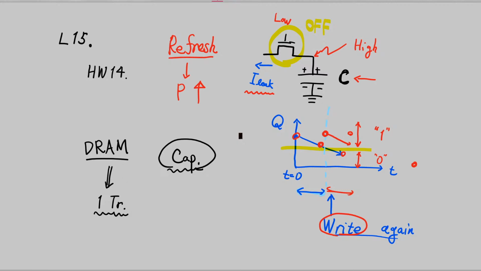So the point is, when you consider this DRAM operation, you have to find out the time where your device or your cell takes the originally bit 1 for 1. So that is quite important.